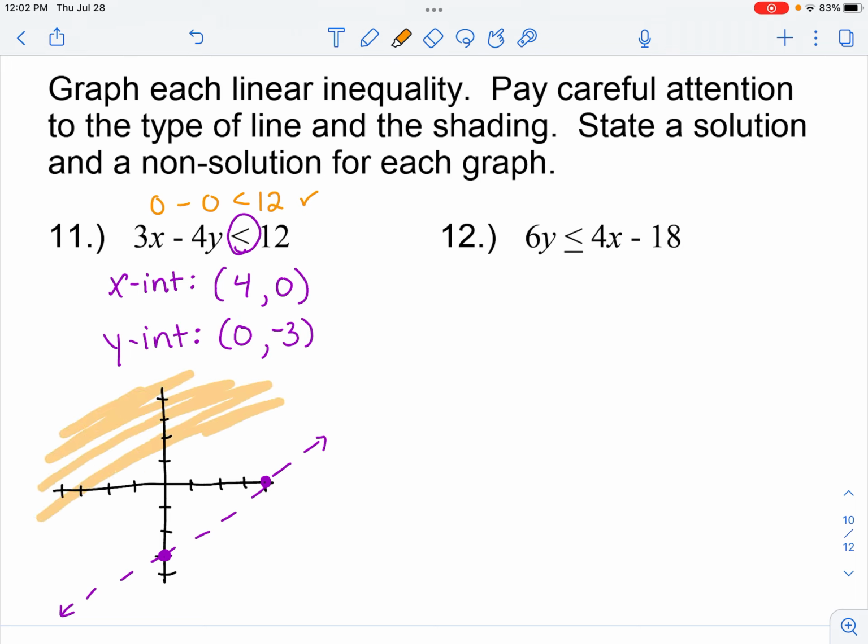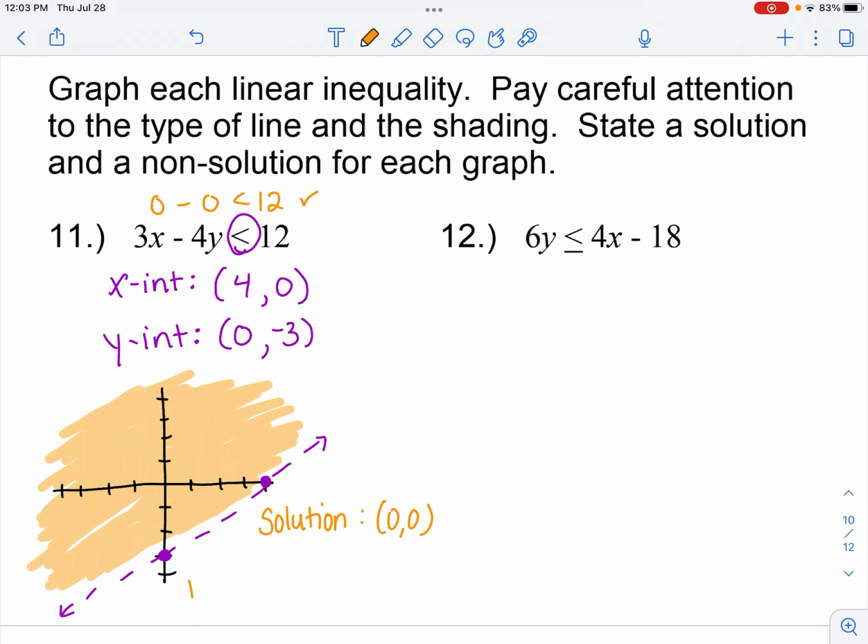So I'm going to shade everything over here. That means all of these coordinate points are solutions to this inequality, not including the points on the actual line itself because it's a dashed line. So when it comes to a solution, I could say the point (0, 0) was a solution, and then a non-solution would be something over here.